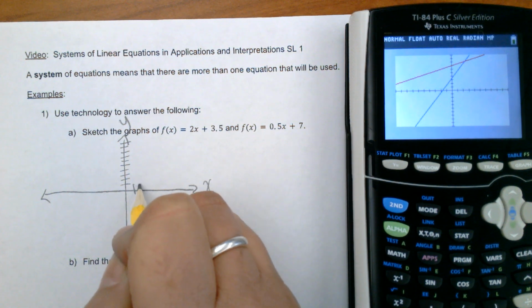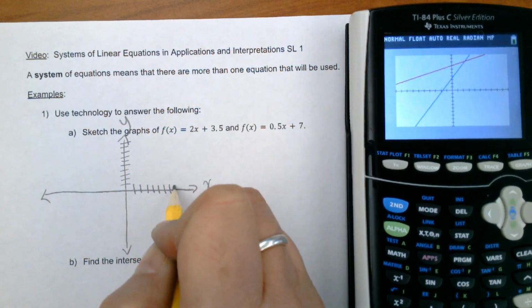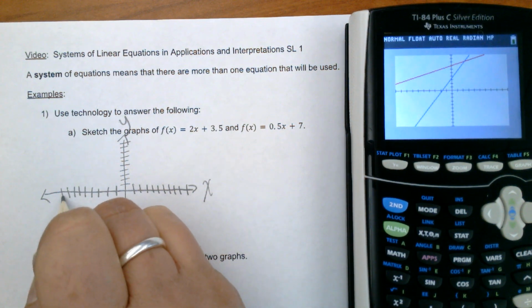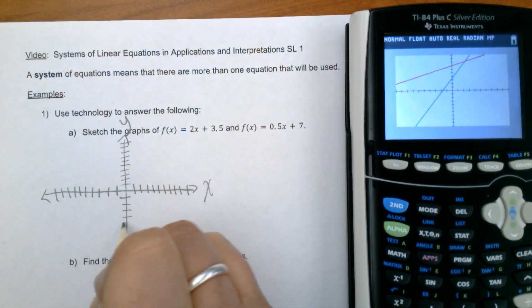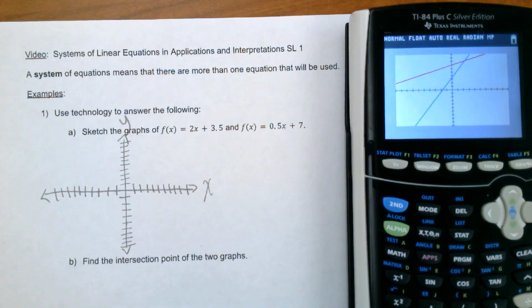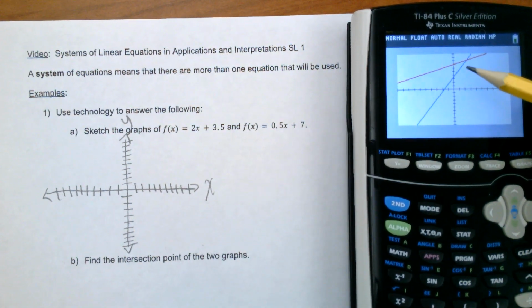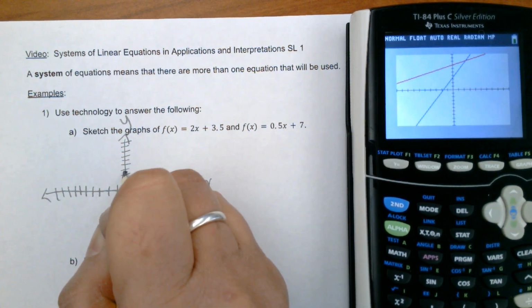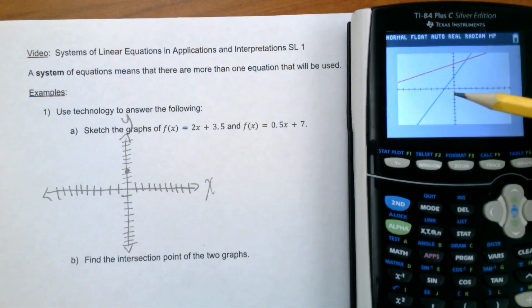I'm just going to do 10 lines, just like the graphing calculator. And for this blue line right here, I'm going to go to 3.5. Let's see where it crosses the x-axis.